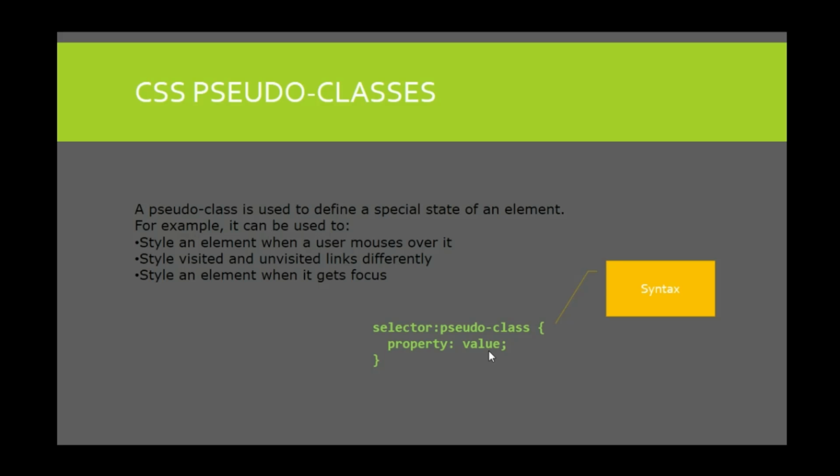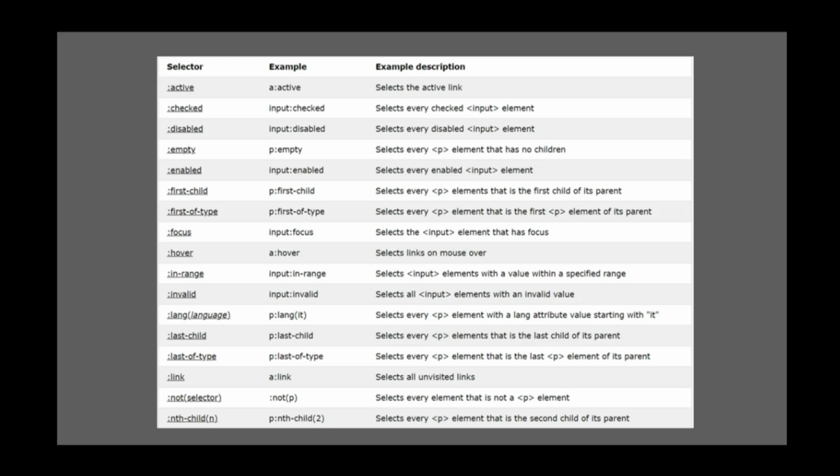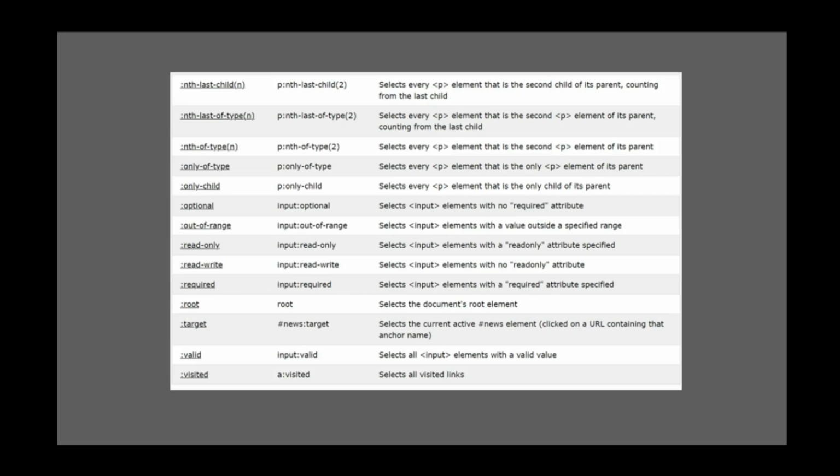So this is the general format for a pseudo class. You can refer to this table for selectors that can be used for pseudo classes. There are a lot of selectors, and this continues on. You can refer to w3schools.com to get more information regarding the properties or attributes that you can use in CSS.